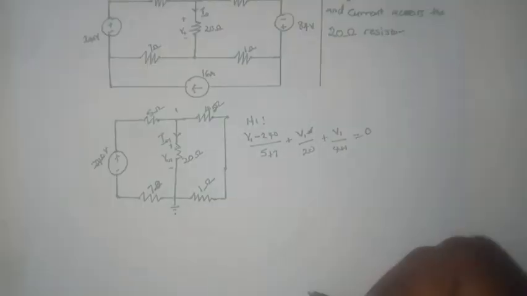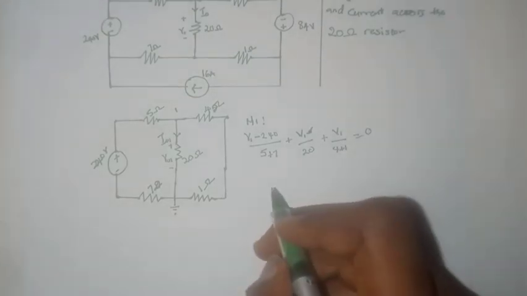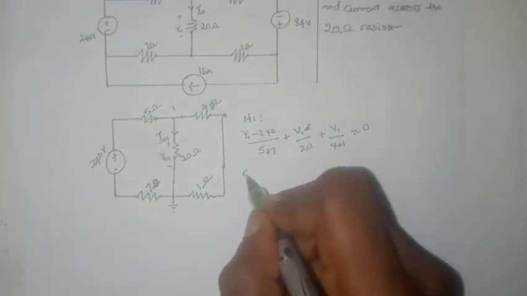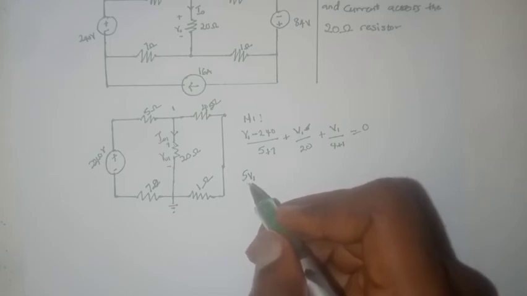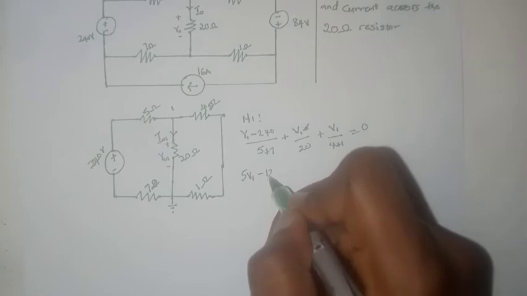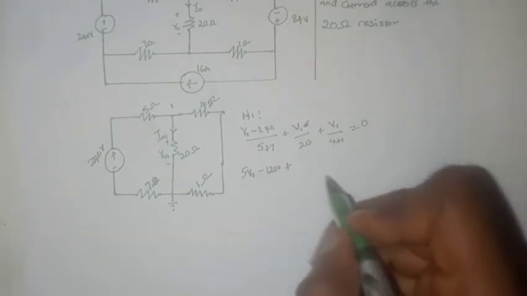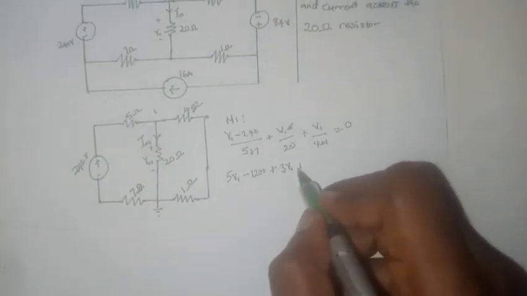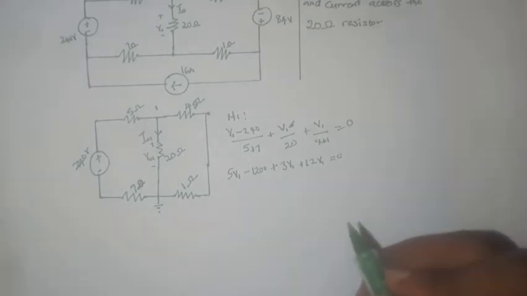We can then simply multiply through by 60, which gives us 5 times (V1 minus 240), that is 5 V1 minus 1200, plus 3 V1 plus 12 V1, all equals 0.